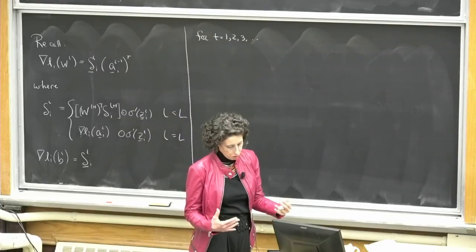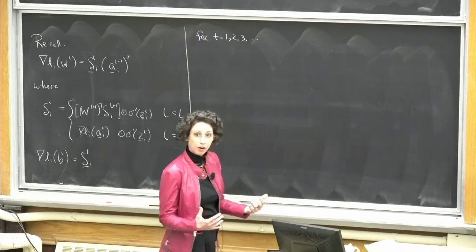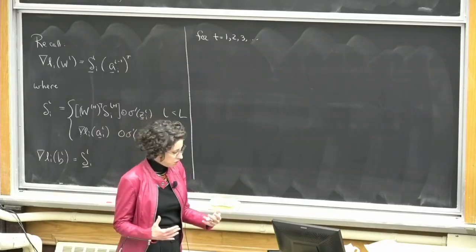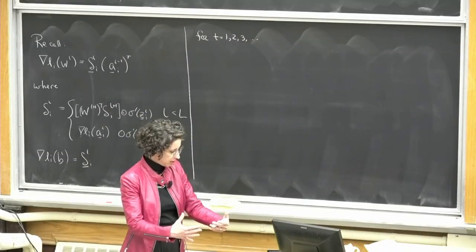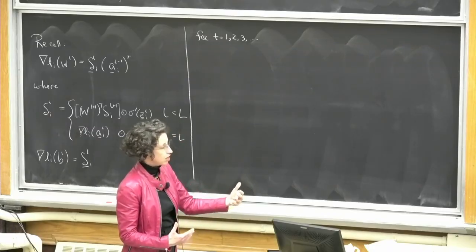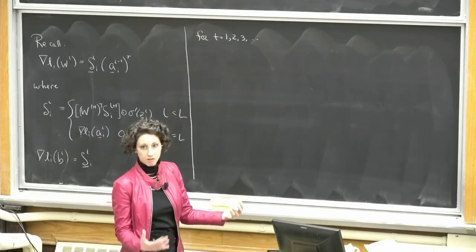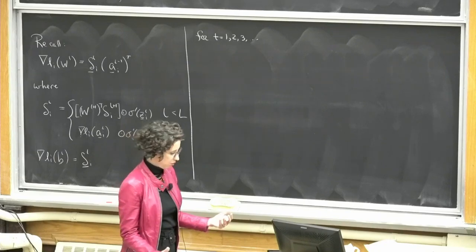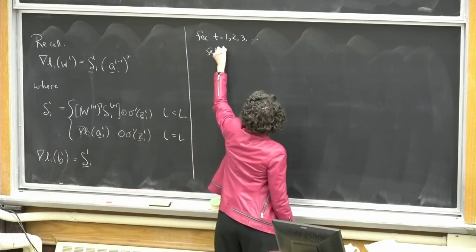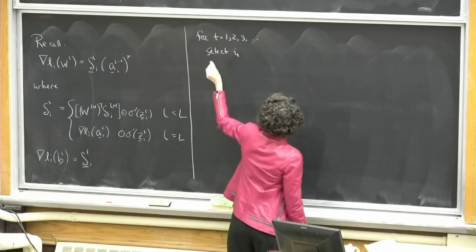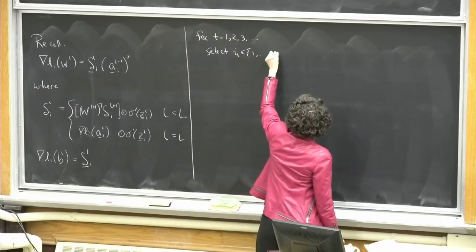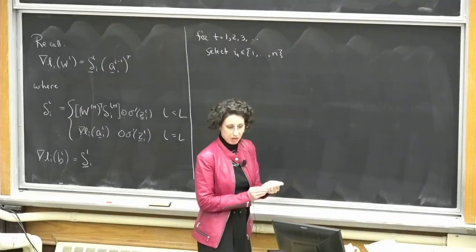And for this, what we are going to do is take our current estimates of the weights and the biases, and we are going to feed in a training sample and calculate all of the A's and all of the Z's for every layer and every node in the network. So we select a sample i_t that is one of our N training samples that we have available.